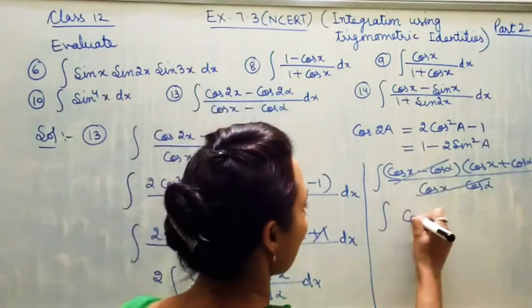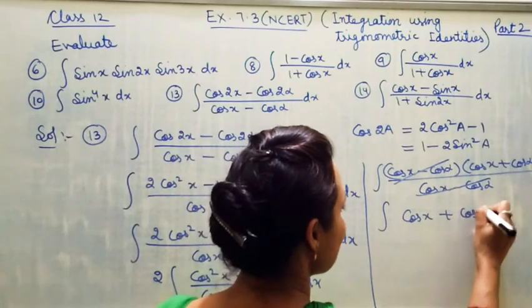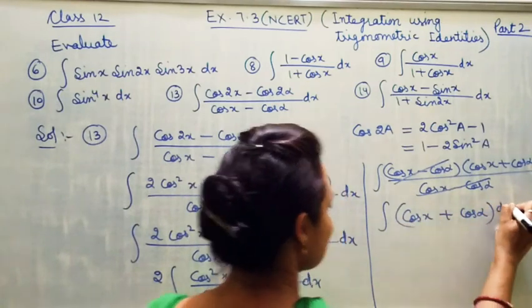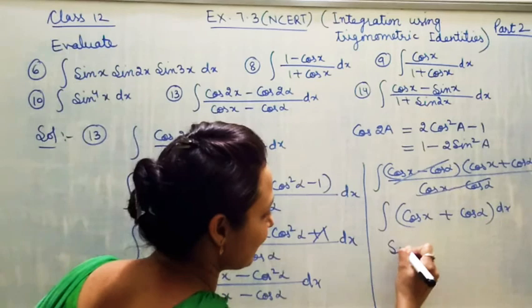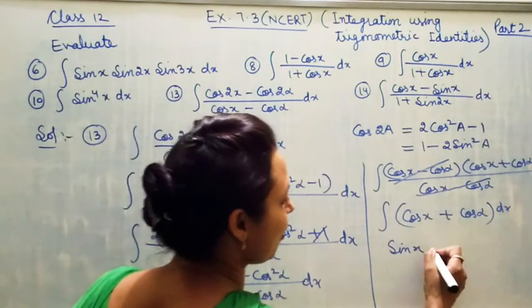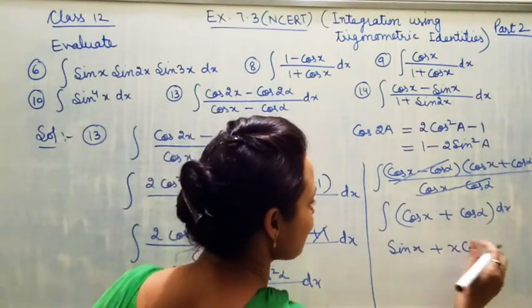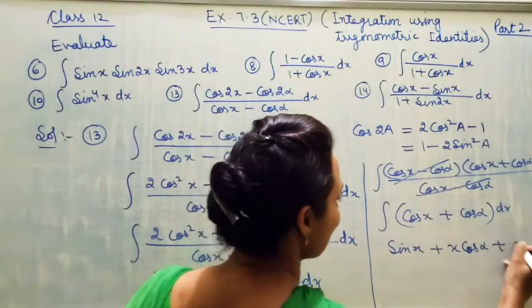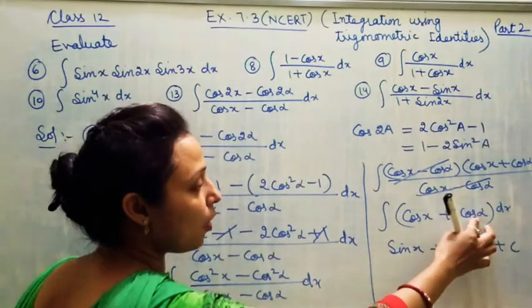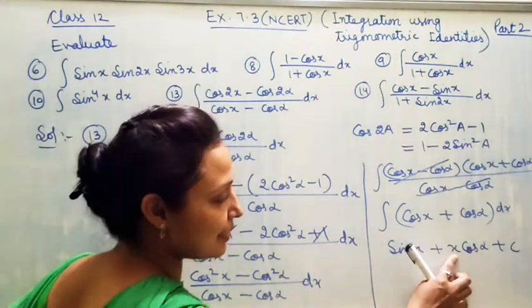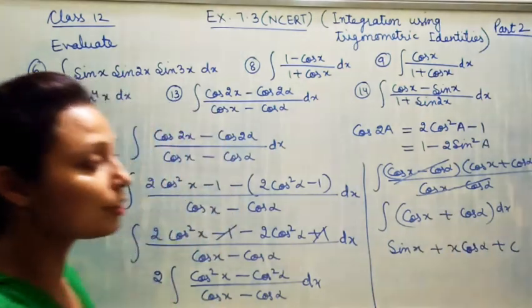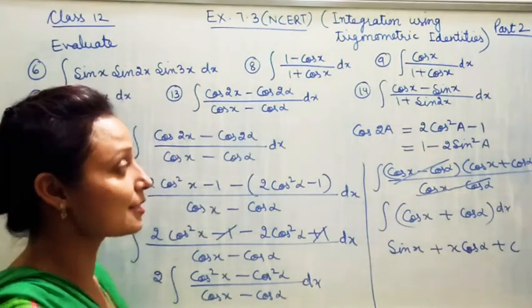We have the integral of cos x plus cos alpha dx. This equals sin x, and cos alpha behaves like a constant, plus constant. The integral of 1 is x, with cos alpha as a constant, plus constant. So this is the way to solve this question, the second last.